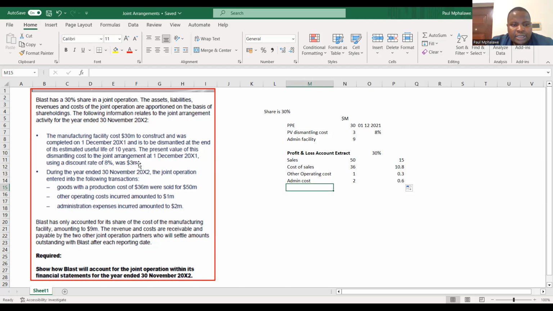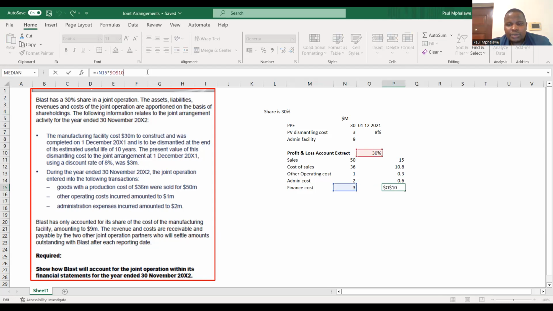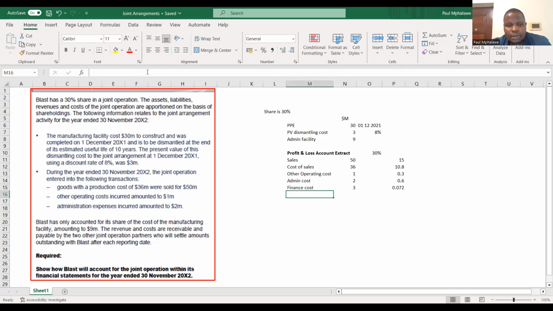Out of that 3 million, we can say finance cost, that is 30% of 3 million times 8%, which is 0.08. Okay, that is 0.72. That is our finance cost.